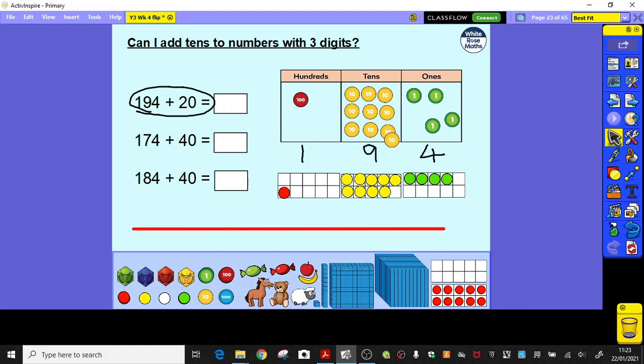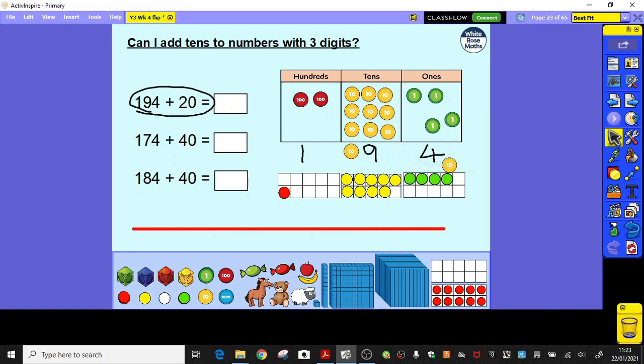That's right, I've got 10 tens. And what do we know about 10 tens? We know that 10 tens is 100. But I've only added 1 ten at the moment. I need to add another 10.